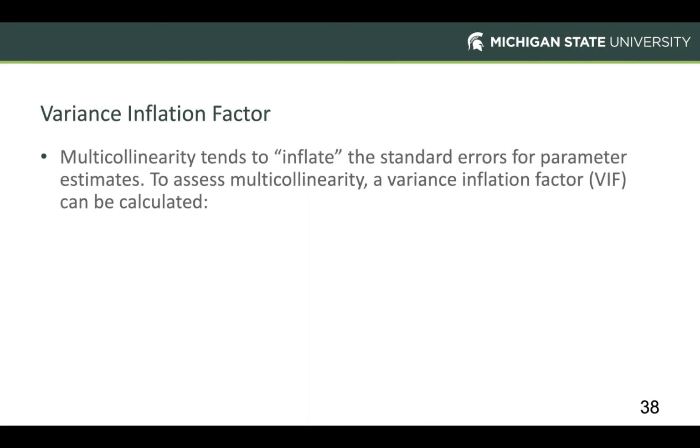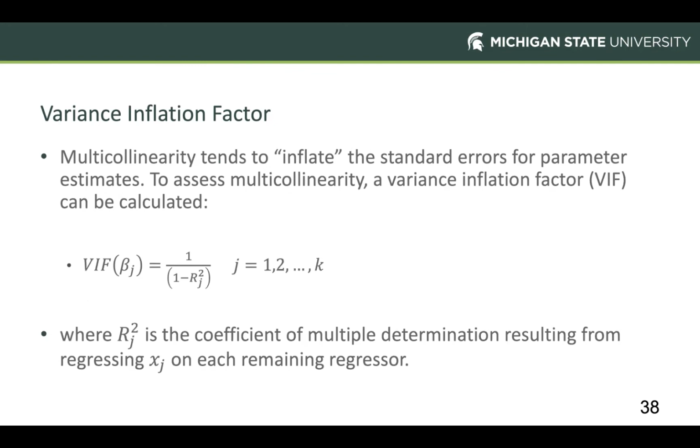Okay. And so as indicated previously, the big problem with multicollinearity is that it makes our standard errors very large. And so to assess the degree to which this is a problem, this is something we can automate in some of our software estimation programs. We can calculate a variance inflation factor for any parameter of interest. And so all we do in this case is we just basically run a multiple linear regression where we take each of our individual predictors and regress it against all of the other predictors that are included in our model.